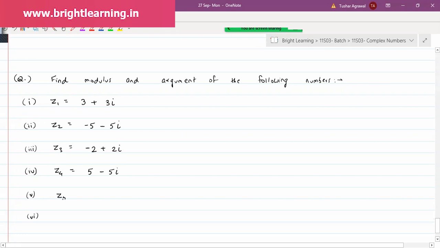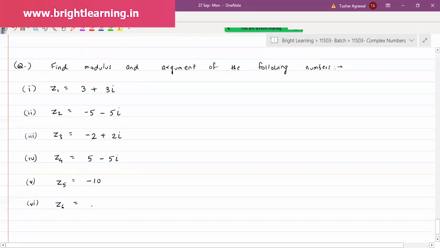Fifth, z5 is equal to minus 10. Six, z6 is equal to minus 8i.